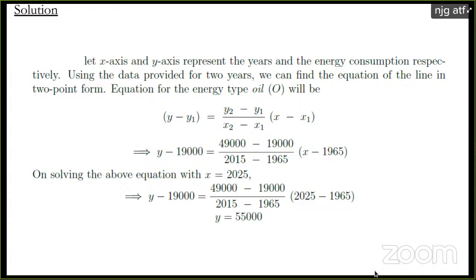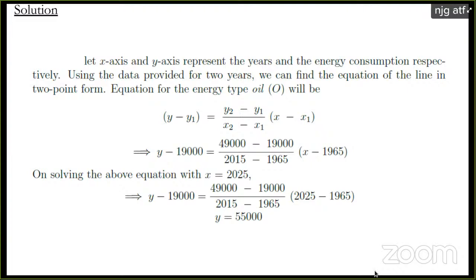Substituting all the values of x1, y1, x2, y2, we get y minus 19,000 equals 49,000 minus 19,000 divided by 2015 minus 1965 times x minus 1965.